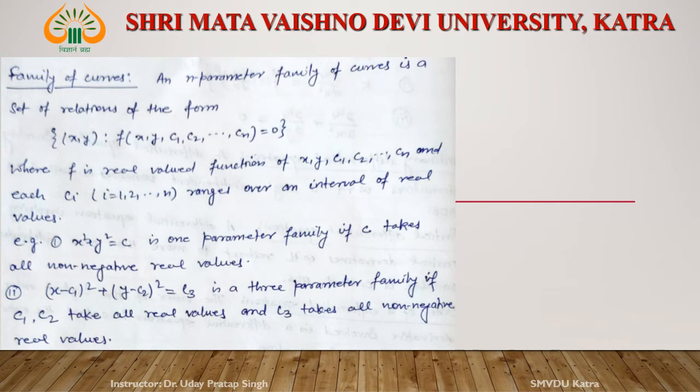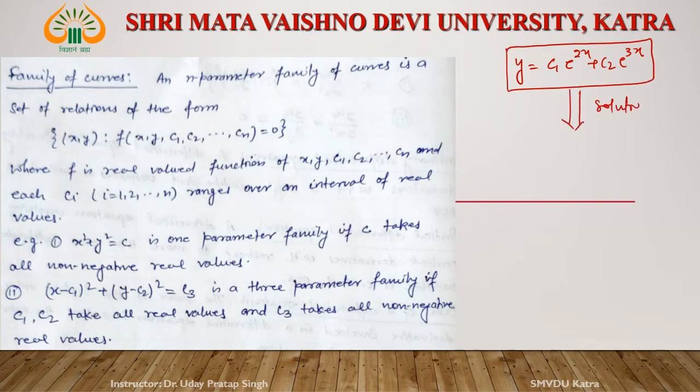In our last example, what is the solution of the differential equation? y is equal to c1 e to the power 2x plus c2 e to the power 3x. This is the solution of which differential equation? d2y by dx2 minus 5 dy by dx plus 6y is equal to 0.